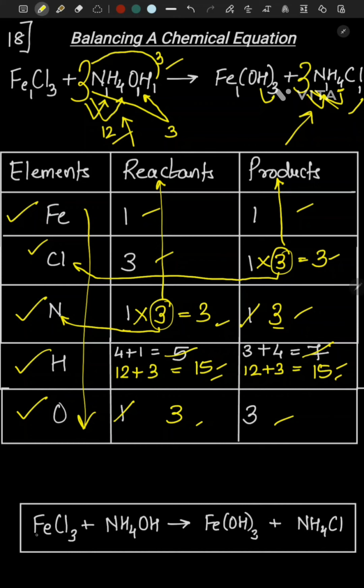The coefficients would be 1 FeCl3 with 3 NH4OH gives Fe(OH)3 plus 3 NH4Cl. On comparing, you will see that everything is balanced, hence my chemical reaction is balanced.